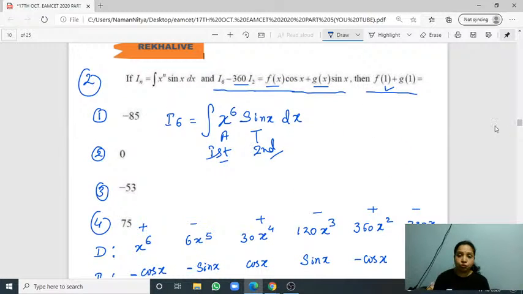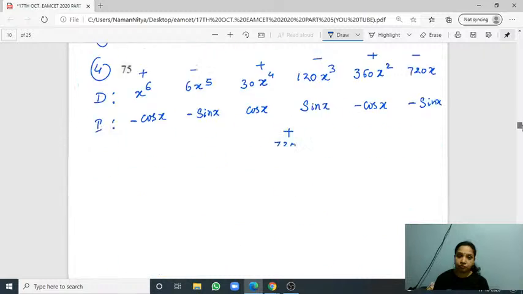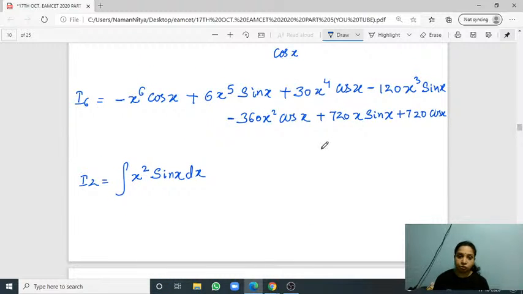We are supposed to do I6 minus 360 I2. So let me calculate I2 also. What is the meaning of I2? Means n equal to 2, means x square sin x. For this also we can use the shortcut method here. Okay, so what will be the shortcut method?